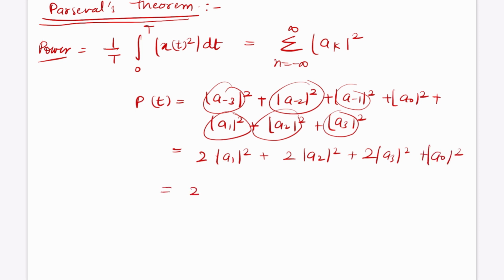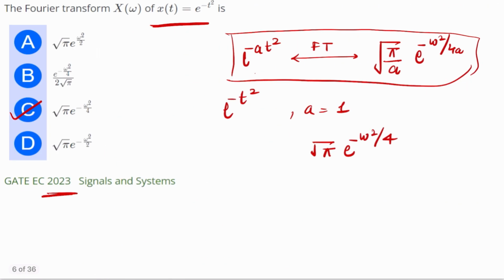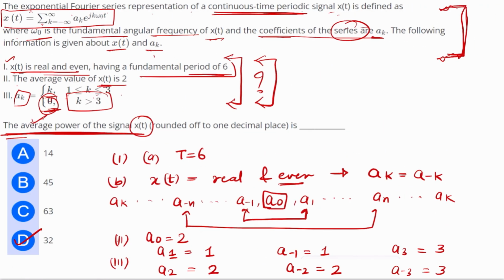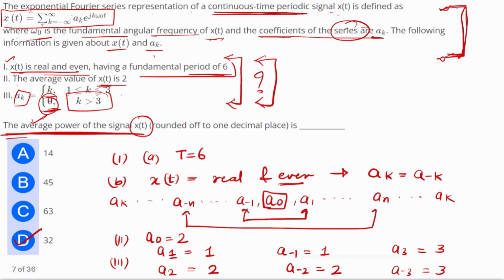So I know the values: 2 of 1 square plus 2 of 2 square plus 2 of 3 square plus 2 square. If you solve this, you will get power is equal to 32. So which is your correct option? Option D will be your correct option. This is the best way to solve this type of question. Right. See you in the next class.